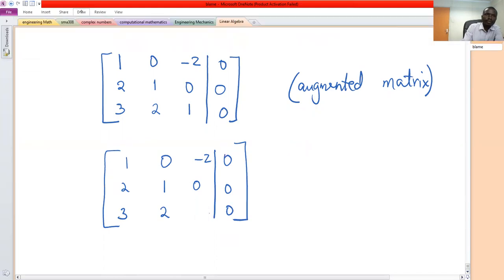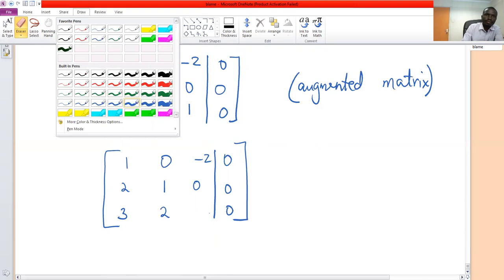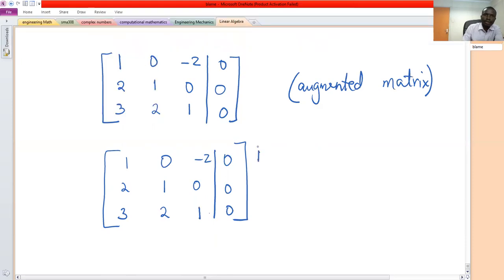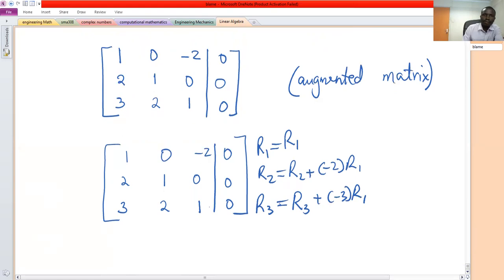Now, we'll say row 1 stays row 1, row 2 becomes row 2 plus minus 2 times row 1, so that we enable this position to be 0. Row 3 becomes row 3 plus minus 3 times row 1, so that I have this position to be 0.